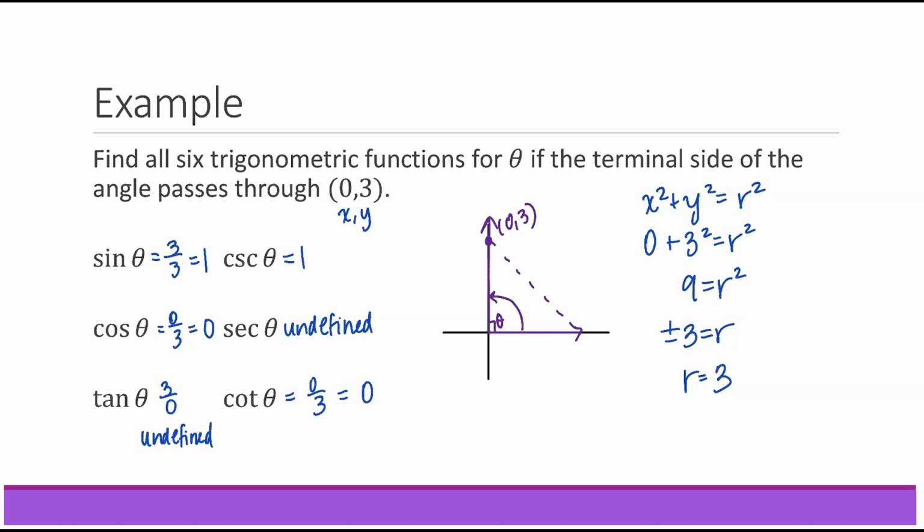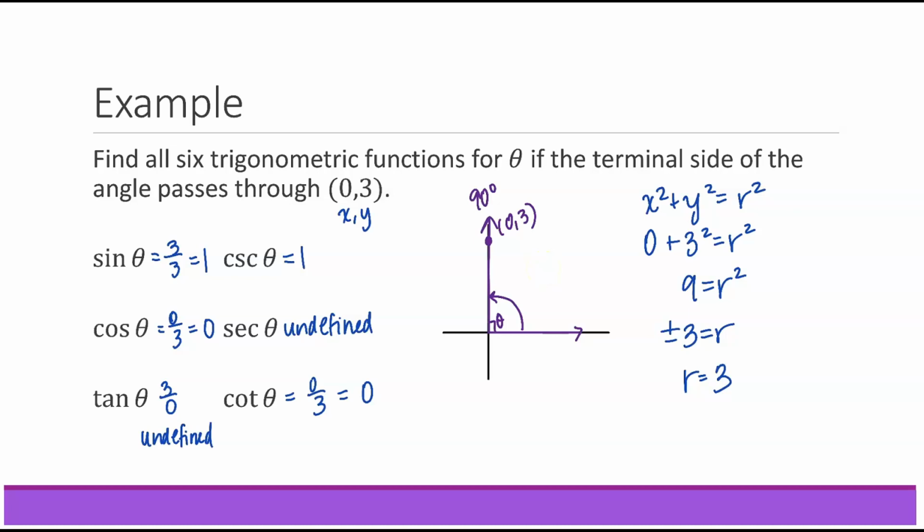But we cannot form a triangle with this shape, because then you're assuming that this angle right here is the angle we're talking about, but it's down here. So I cannot form that triangle. There is no right triangle that can be formed when my terminal side passes through a quadrantal angle. So this angle theta is actually 90 degrees.